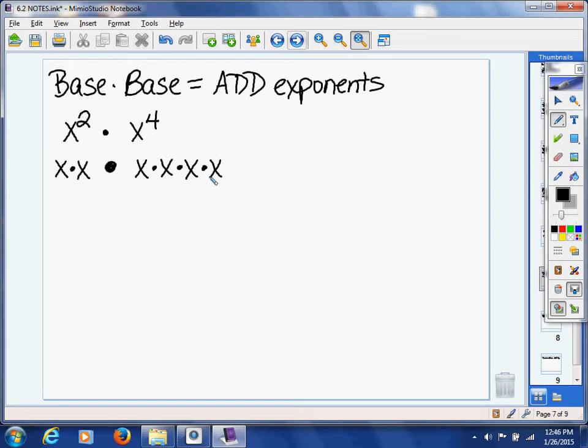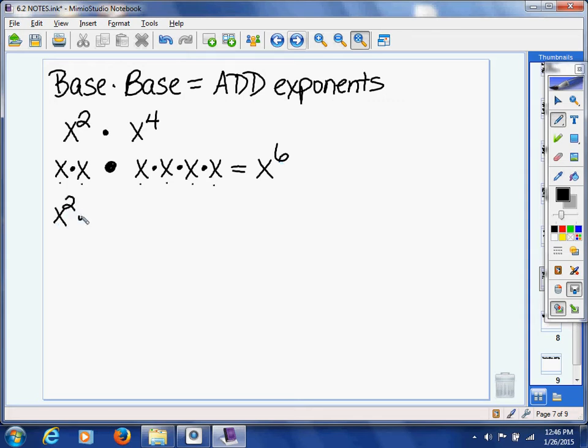Now let's ask yourself this question. How many x's do you see multiplied together? I see 1, 2, 3, 4, 5, 6. I see 6 x's multiplied to each other, and that gives me x to the 6th power. Okay, now here's your shortcut.